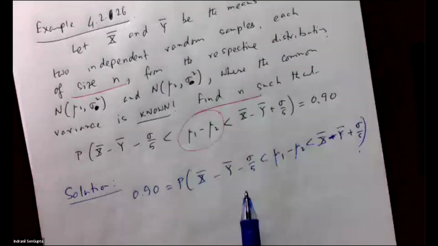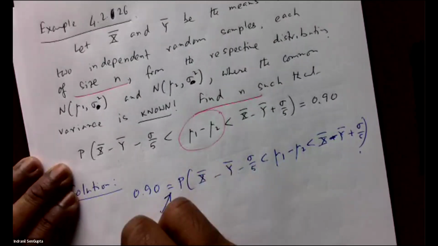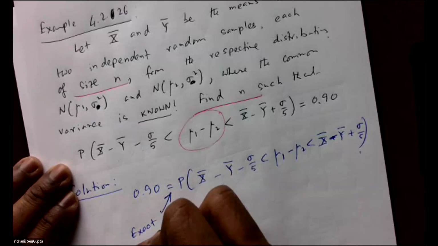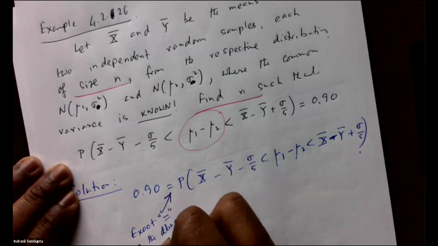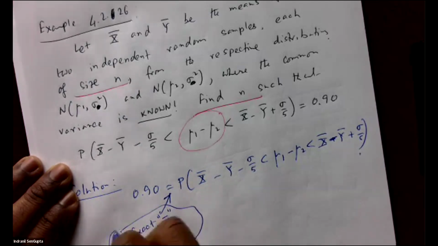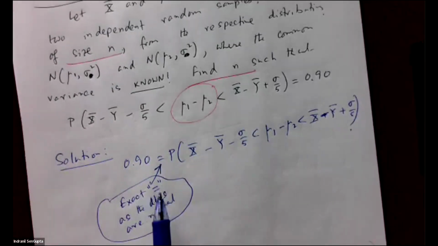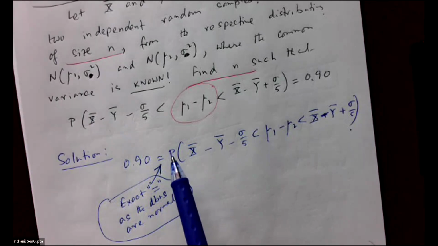Now, remember that both are drawn from the normal distribution, so this equation is exact. This is exact equality as the distributions are normal. Remember that it's not really exact if the distributions are not normal, it's approximately equal. But here, I'm talking about the exact equality.